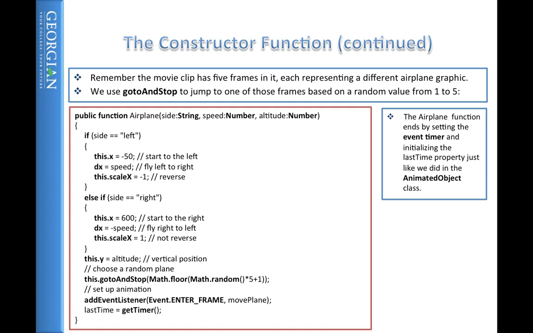And then we're going to say this, which means this movie clip, this version of the plane, go to and stop at a random frame, between 0 and 1, because 0 plus 1 is 1, to 5. So it's going to go between frame 1 and frame 5. Go to and stop at that frame so that my graphic will look different according to which random plane I'm going to get.